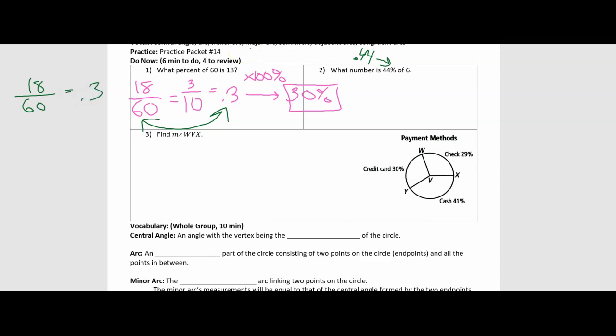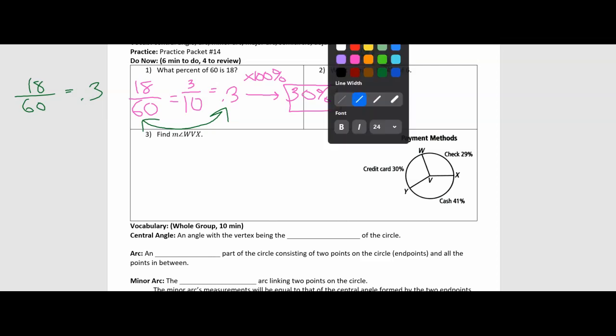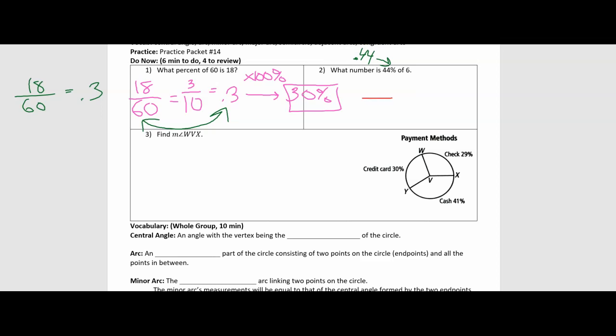Well, we're trying to figure out the 18 essentially. It's not going to be 18 in this case, but that's where our variable is going to go. So we're going to set up our equation like this. X over 6 is equal to 0.44. Then we can just multiply both sides by 6. That will give us x is equal to 2.64.